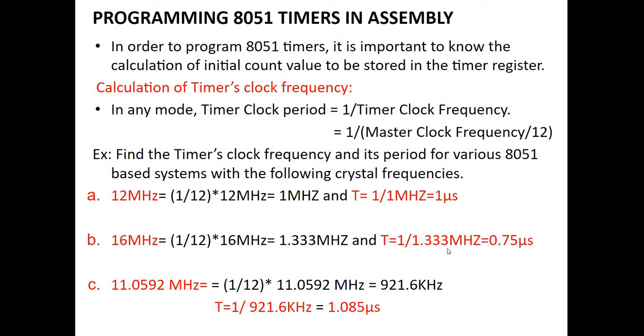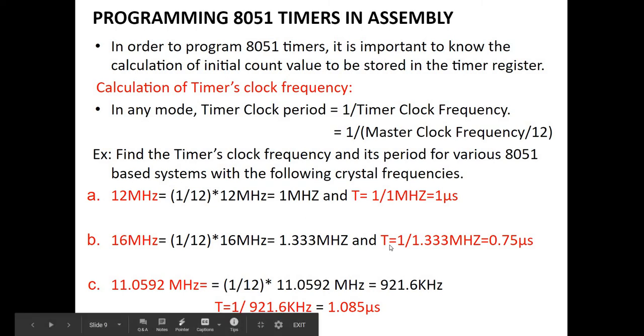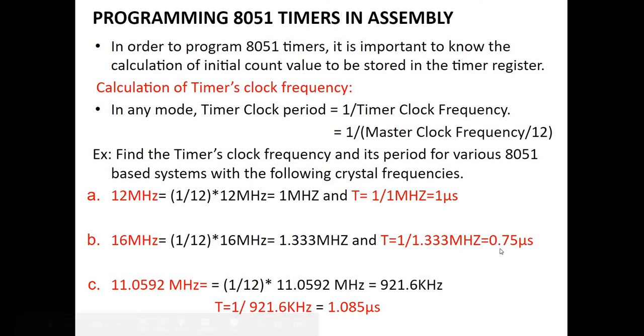So the meaning is that if the 8051 uses a 16 megahertz crystal oscillator, the timer will take 0.75 microsecond to count each step, or each pulse will take 0.75 microsecond.